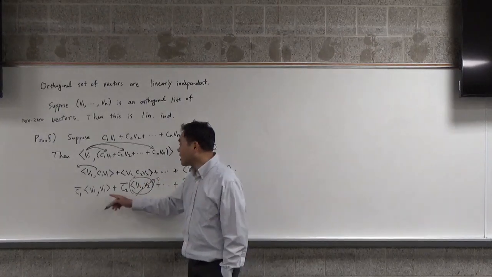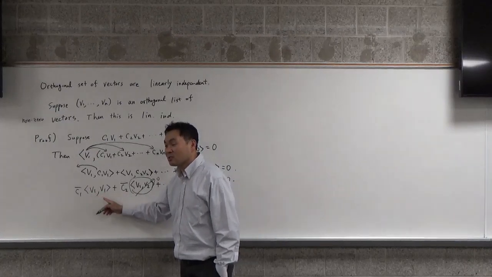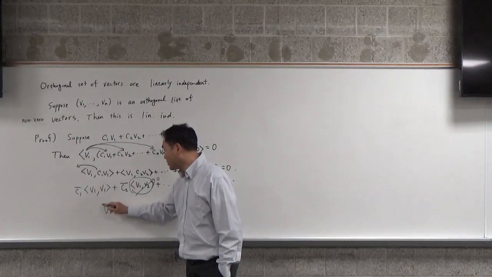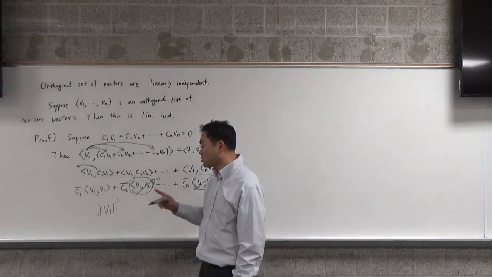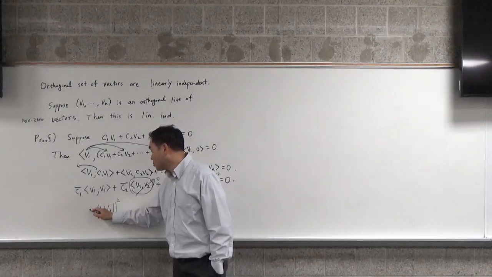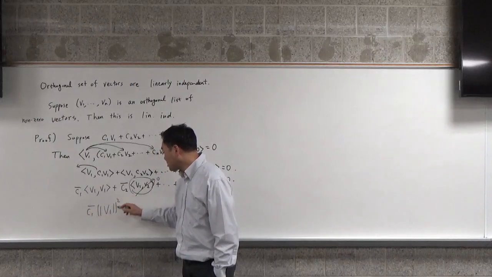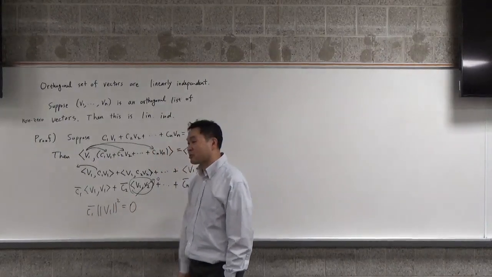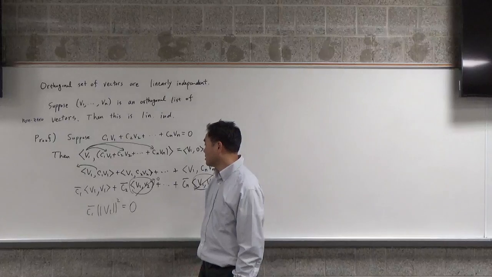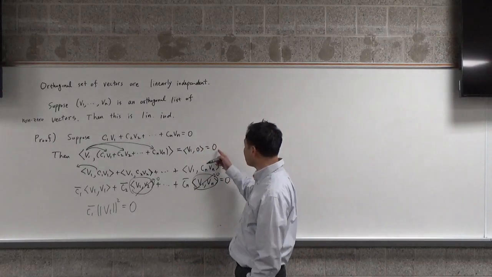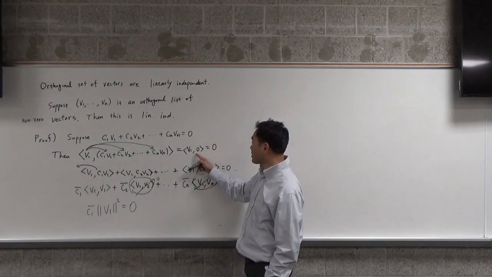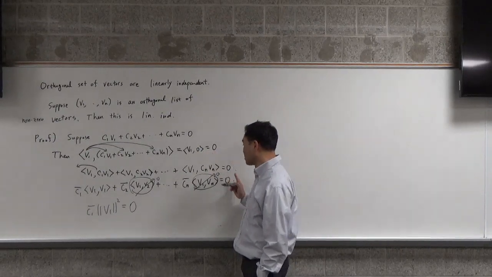The only thing that's non-zero is what? This is V1 norm squared, right? Anytime you do an inner product of a vector with itself, it's the norm squared. So you have C1 bar times a non-zero thing equal to 0 on the right side. Actually, no, this is not 0 as a vector, it's 0 as a number. This is 0 as a vector, but if you do an inner product, it's 0 as a number.